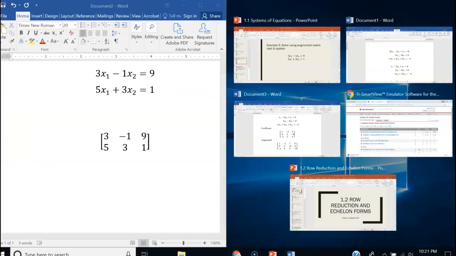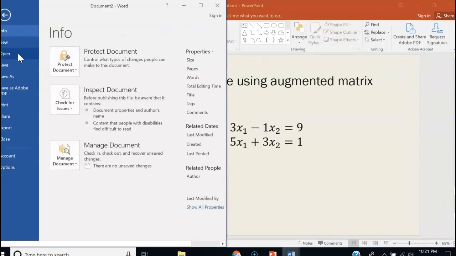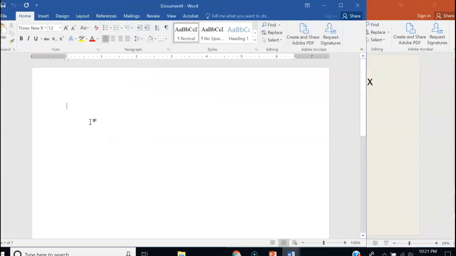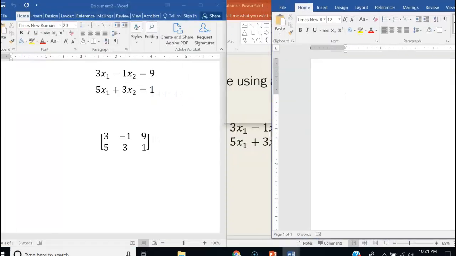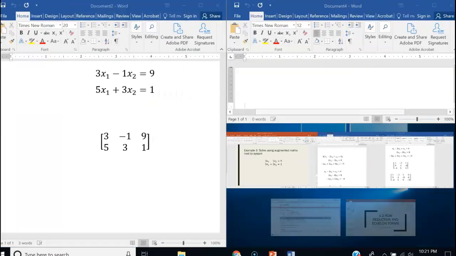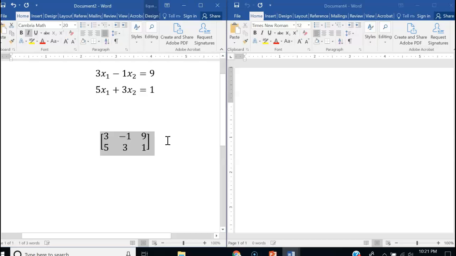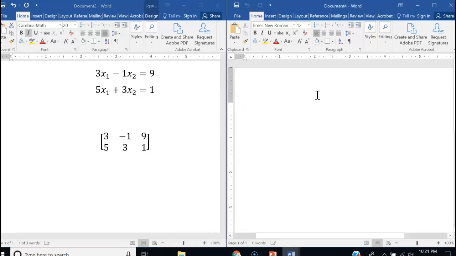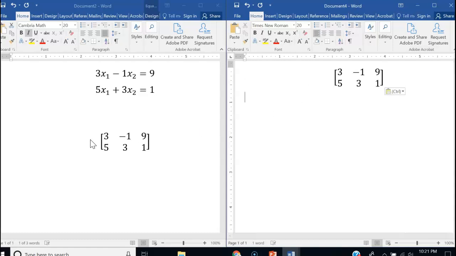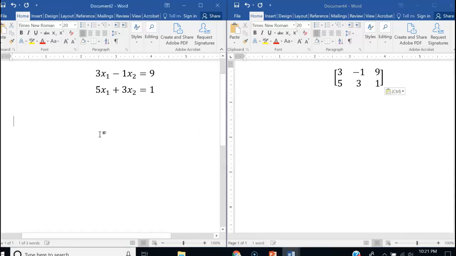Hopefully this will be visible. All right, so on the left, we have our system of equations.